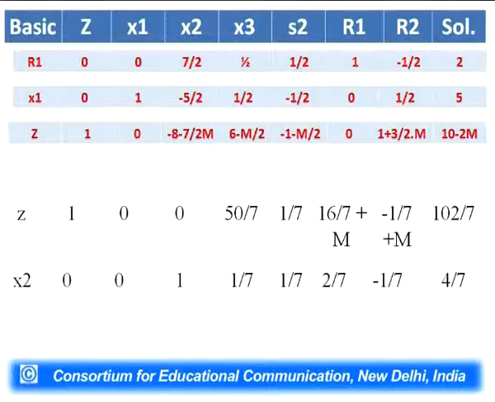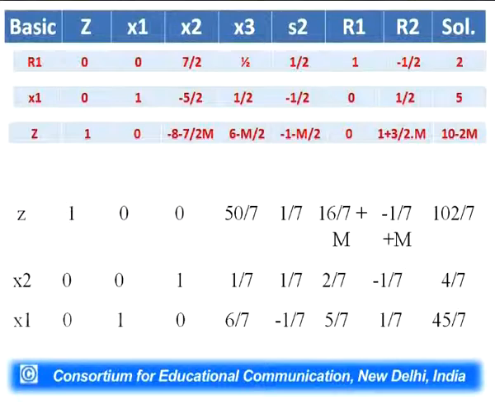We will have X2 and X1. These three rows we will be getting after doing the second operation in the similar way, the way we did it on the first. So Z, the objective function value, will be in the last column, which is the solution column. The value is 102/7, and X2 value is 4/7, and X1 value is 45/7.